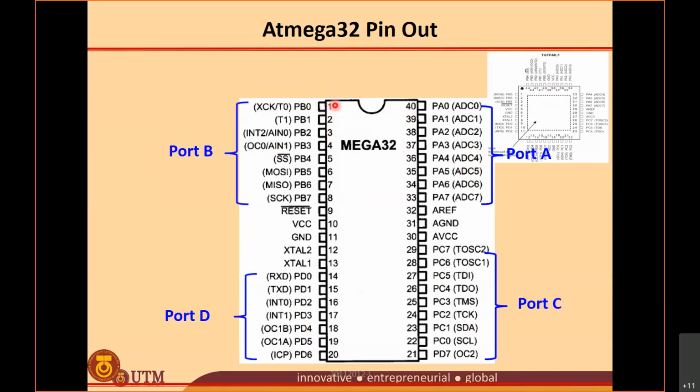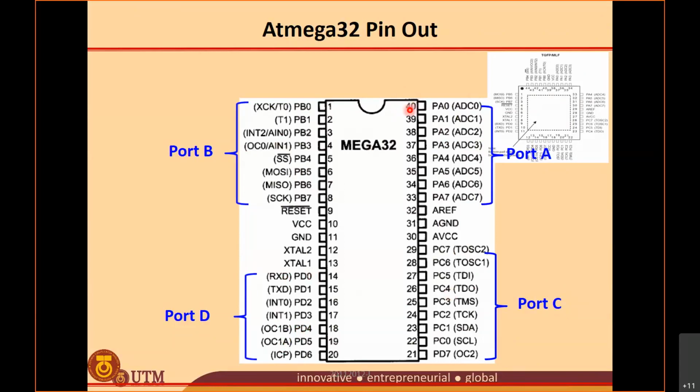Okay, which is port A, 8 daripadanya adalah dipanggil port A. Another 8 called as a port B. 8 lagi called a port C, and the last 8 lagi ada port D. So total number of input output yang kamu boleh guna adalah 32, and 8 lagi sebab kita ada total number of 40.